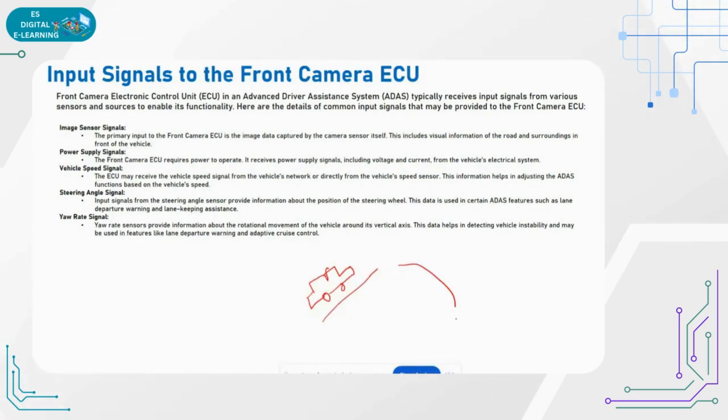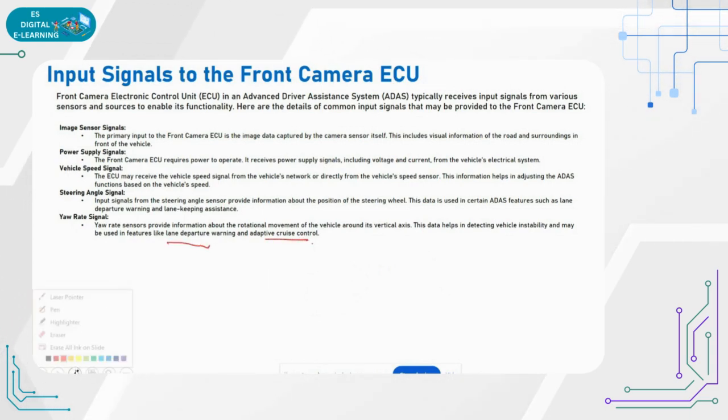Any curves, and how the vehicle is forced during the curves, will be part of the yaw rate angle. There will be a sensor for the yaw rate. How the vehicle is adjusting and stabilizing for lane departure warning and adaptive cruise control will be considered as the yaw rate. I will tell you more detail about yaw rate once this section completes.